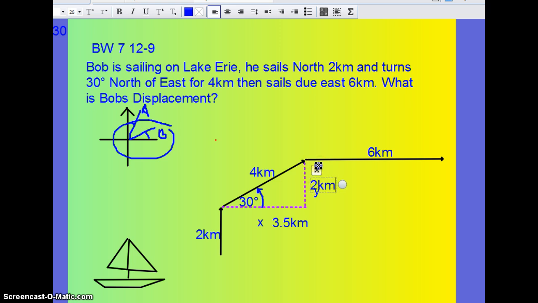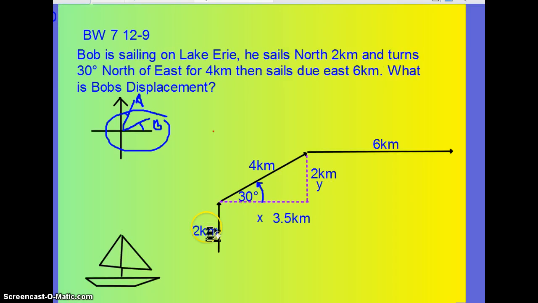Now, how did I get those, if you're asking? On this side, because this X is the adjacent side of the triangle, I'm going to use cosine for that. I'm going to say 4 kilometers times the cosine of 30 degrees. Now if you get some goofy answer, your calculator might be in radians. Be careful of that, it'll get you every time. Then I took sine to get over here. I said 4 kilometers times the sine of 30, and that gave me 2 kilometers.